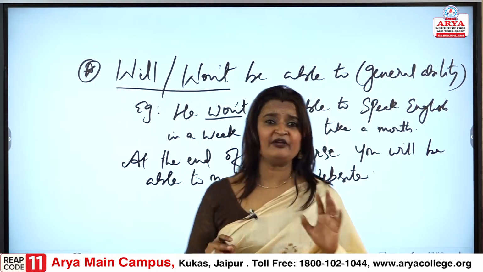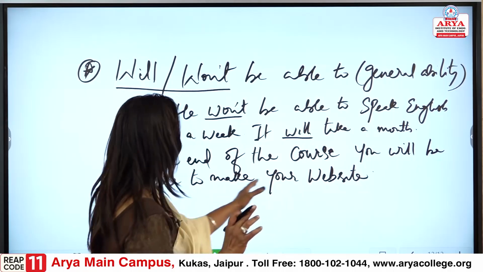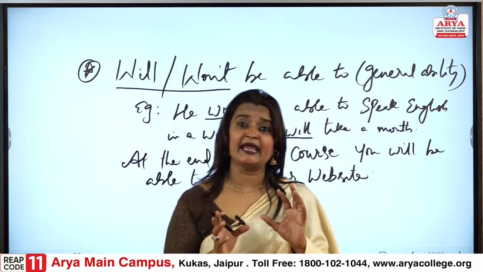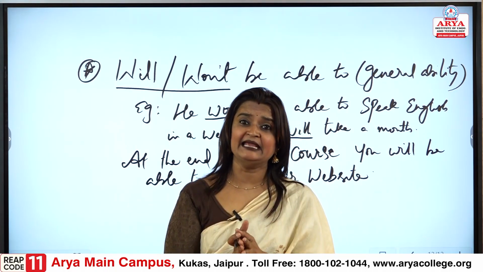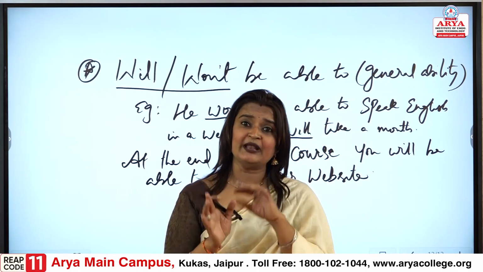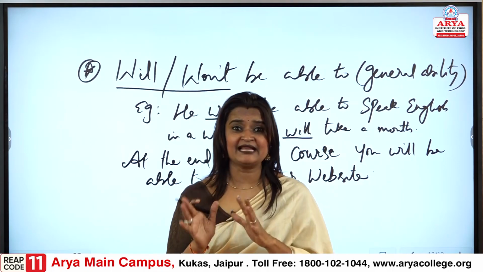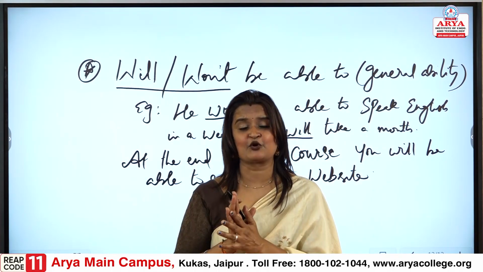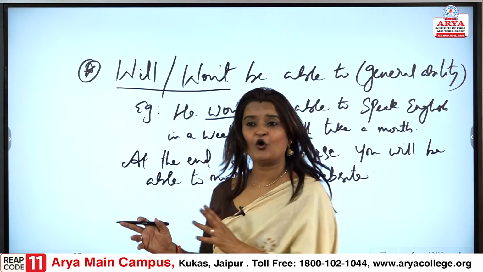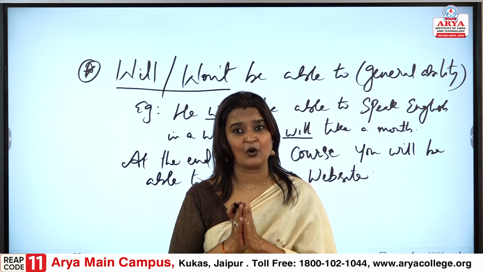Again, they are talking about the ability, the assurance of what would happen after this. By the time you complete your course, by the end of this course, what is going to happen? Yes, you will be able to create your own website. Fine, so let's work it out accordingly.